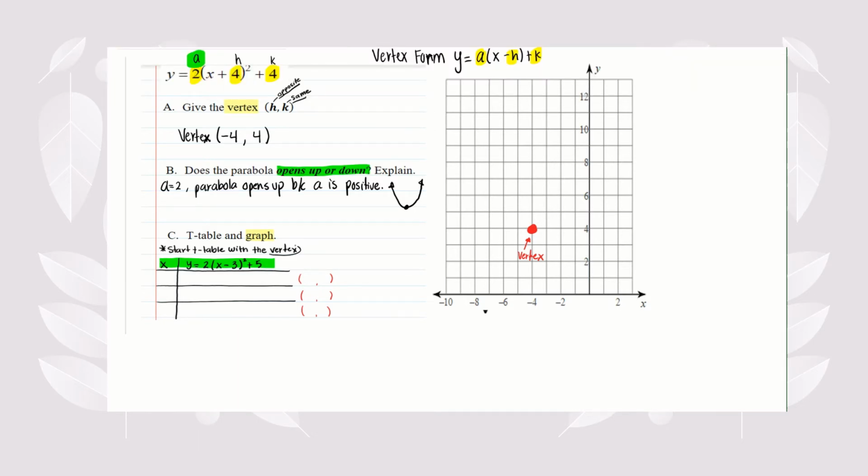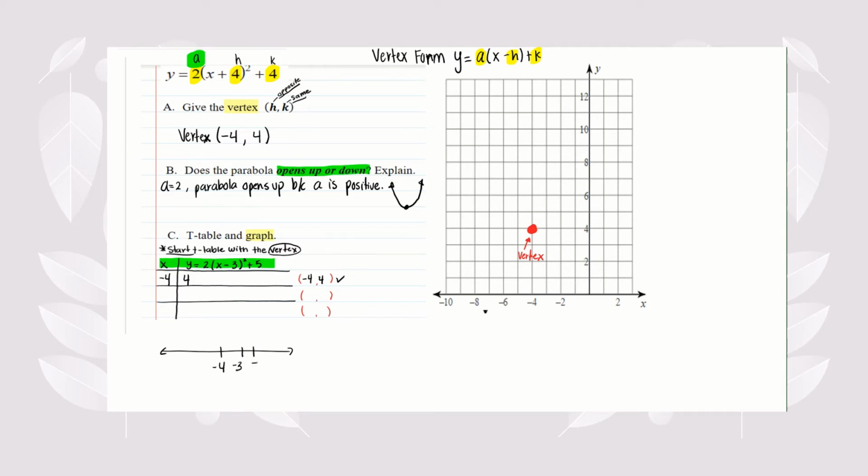And now we're going to use the t-table to find two other points so that we can graph our parabola. This screenshot comes from another problem, so I forgot to erase that equation there, but we'll fix that right now.